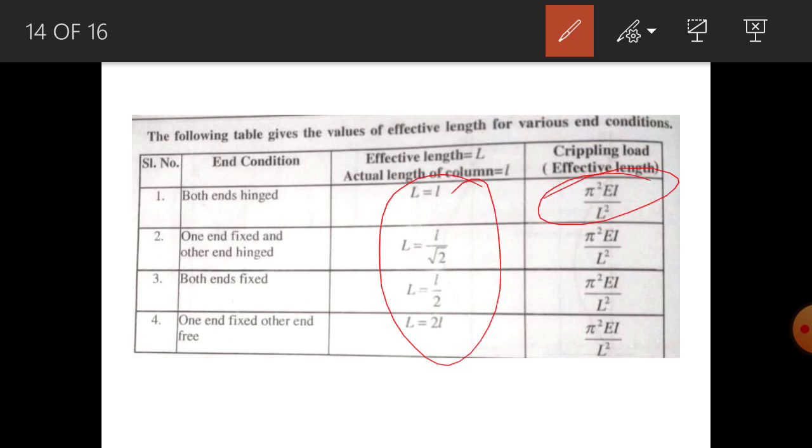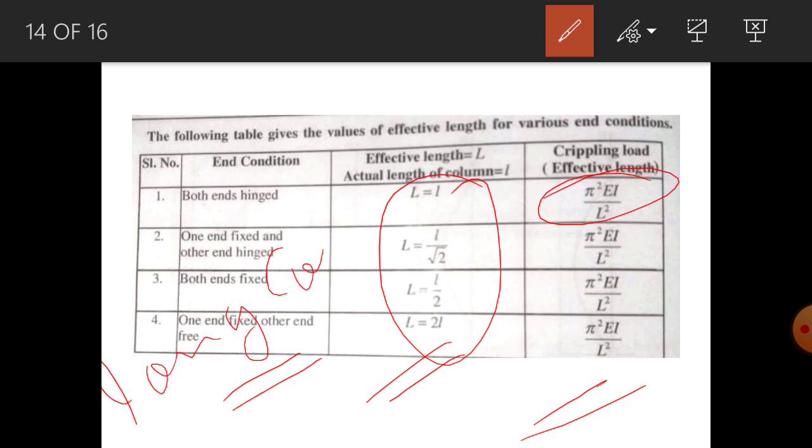This will help you to solve any type of problem that is given to you. Just remember the effective length and the Euler's loading formula. That is the crippling load formula or buckling load formula, and it is only for long columns.